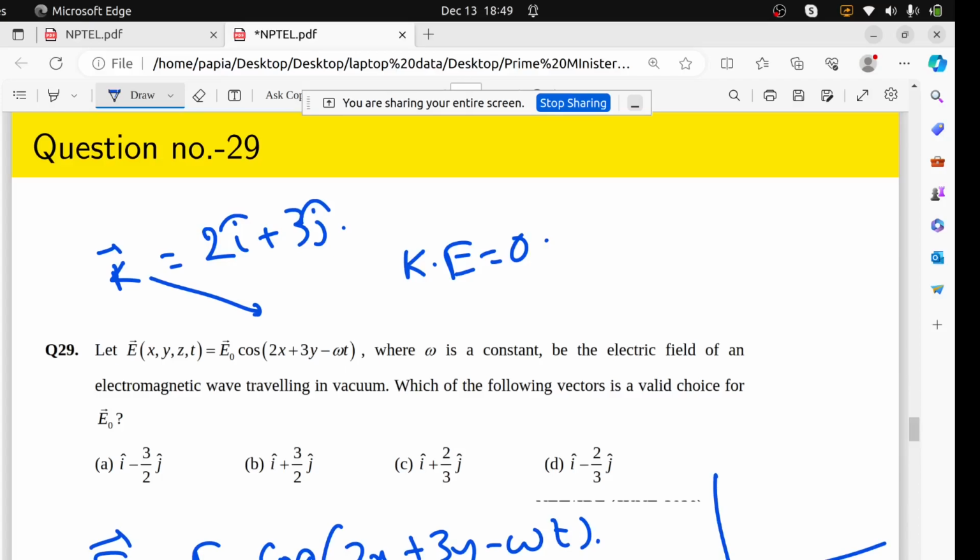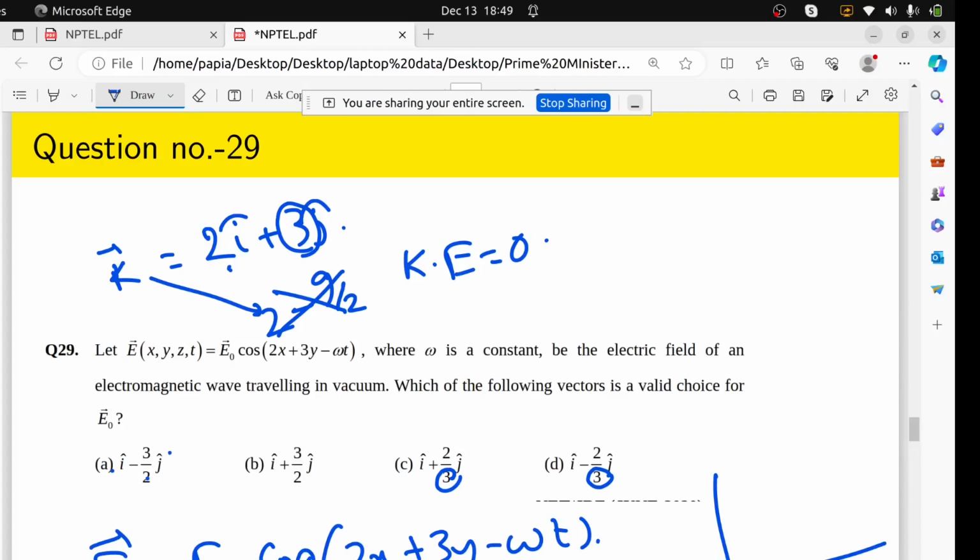K dot E: if I calculate K dot E with this one, it is 2, this one is 1, 2, then this one minus 9 by 2, so it will never come as 0. Simply we can see that if it is 3, then we have to have a denominator like 3. So these two options can be the correct one.